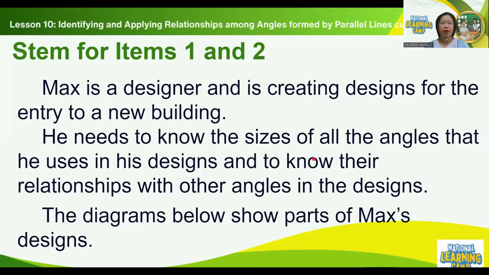For STEM 4 items 1 and 2, Max is a designer creating designs for the entry to a new building. He needs to know the sizes of all the angles that he uses in his designs and the relationships with other angles in the designs. The diagrams below show parts of Max's designs.